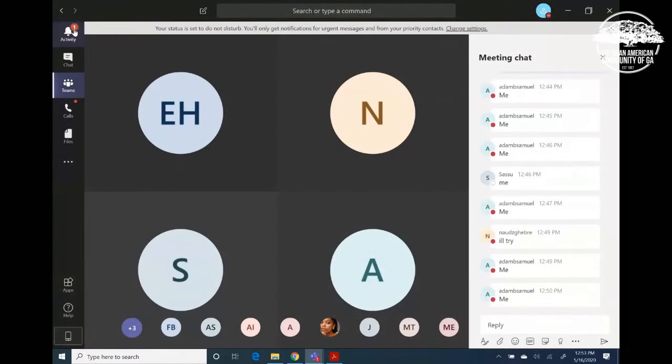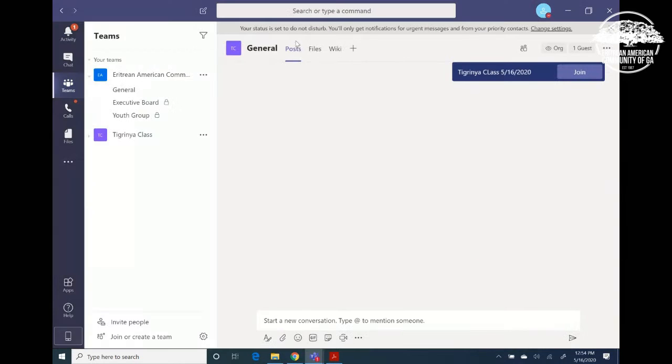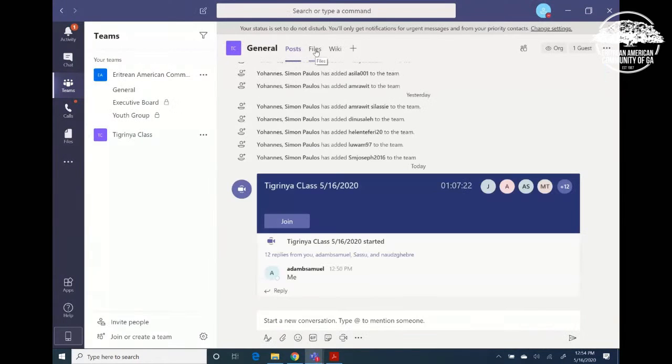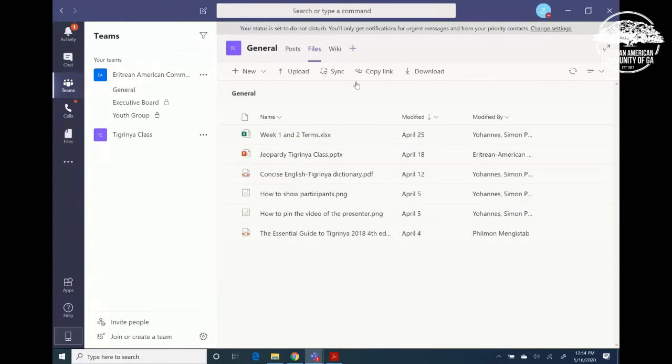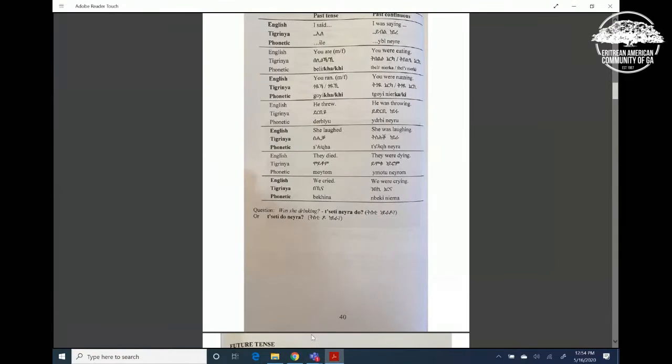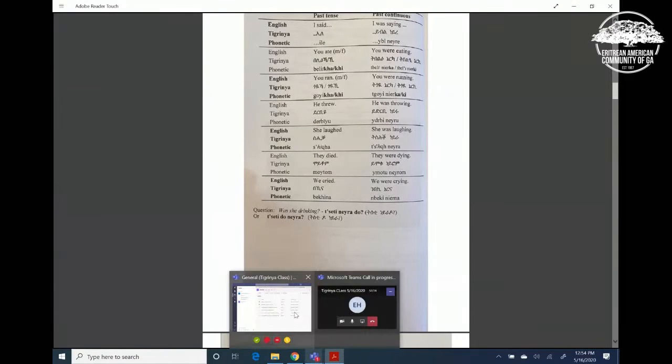If you go to the team's webpage, you can go to Files, and you can go to Essential Guide to Tigrinya and download this. That will be the book that we're going by. So if you want to download that real quick and use it as a cheat sheet, please do so.